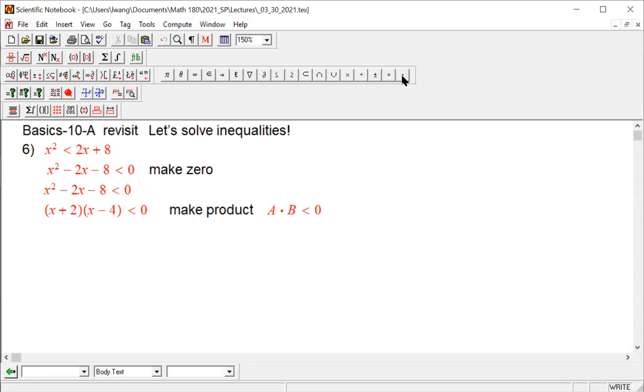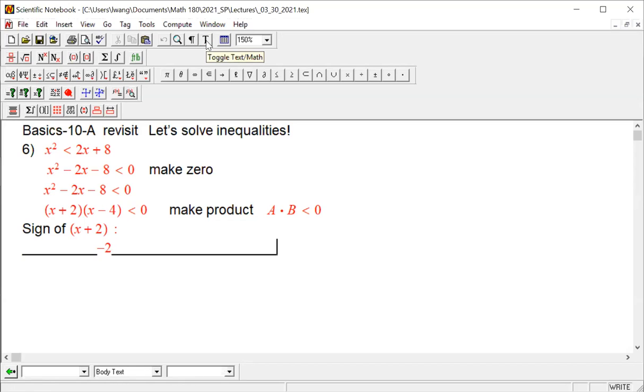We want to have a negative product. And therefore, we observe the sign of x plus 2. Okay? And we make the number line at negative 2.